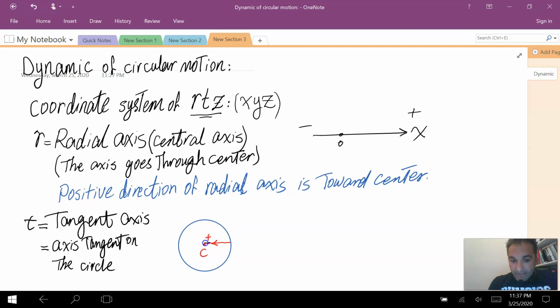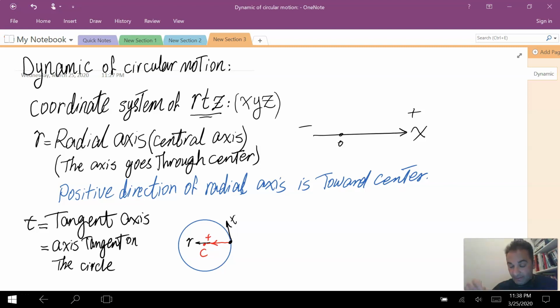So this one is the radial axis. Then the tangent axis, look, in reality on this picture, this is the tangent axis, right? RT. Remember, it's on the circle, it's not up and down.